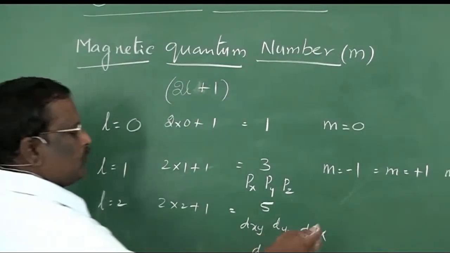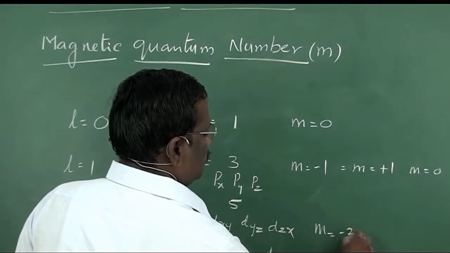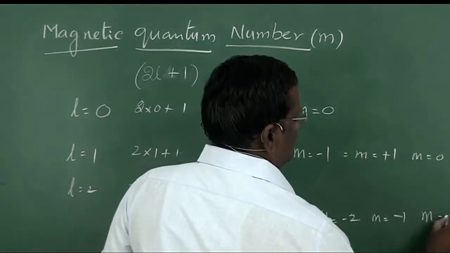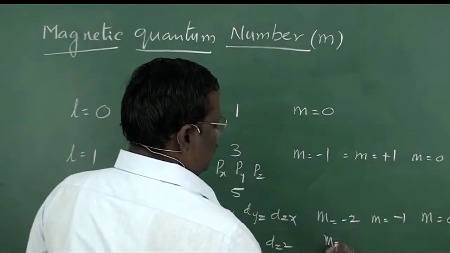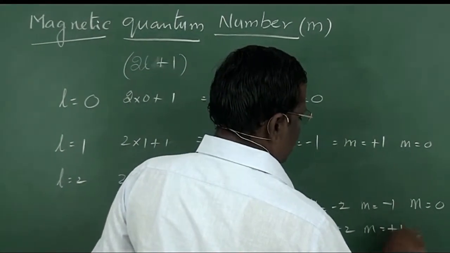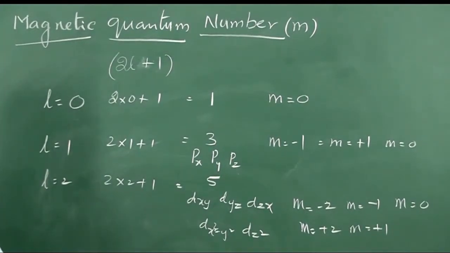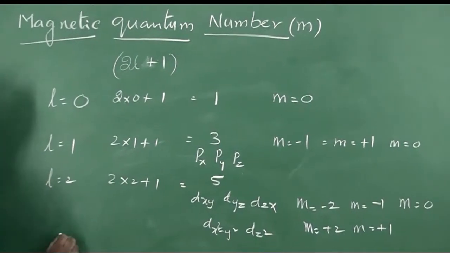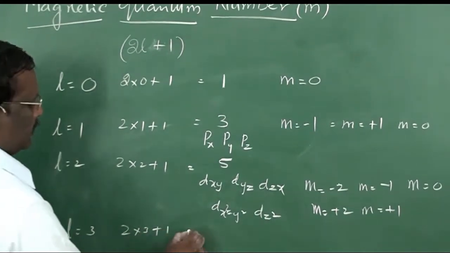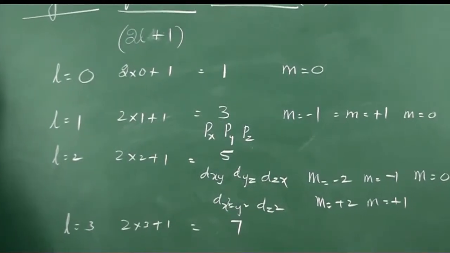And their m values are m is equal to minus 2, m is equal to minus 1, m is equal to 0, m is equal to plus 2, m is equal to plus 1. So 5 values are like that. Similarly, if L is equal to 3, we have 2 into 3 plus 1, that is equal to 7 orbitals.